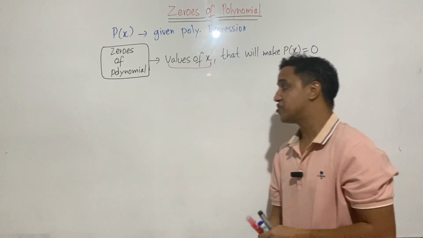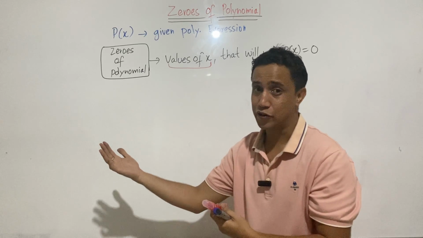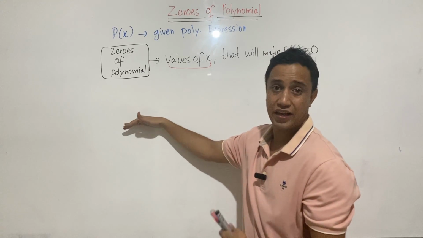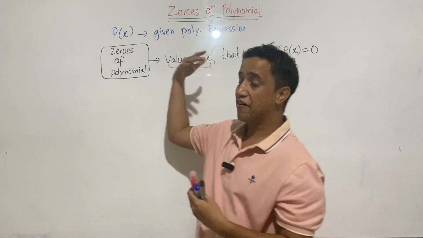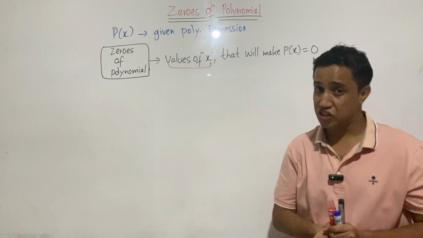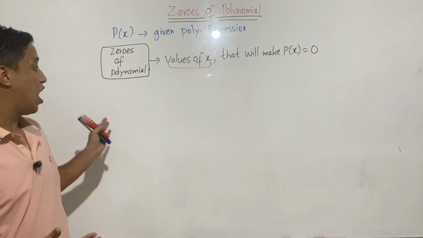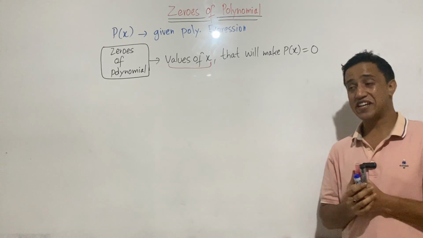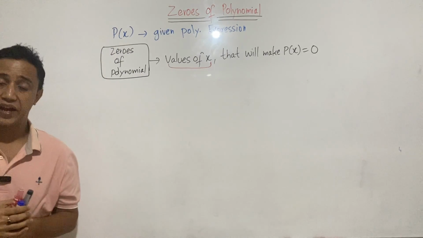It means that to find the zeros of different types of polynomial, we have to study the different types of polynomial too. And we'll see how the zeros of a polynomial work, and on what factors it depends.